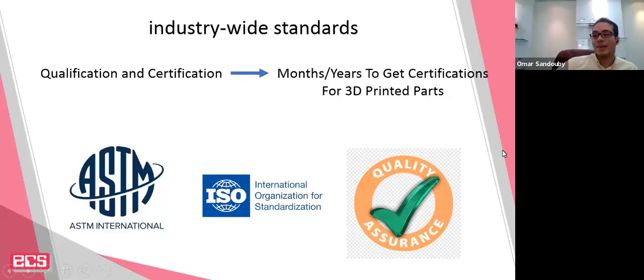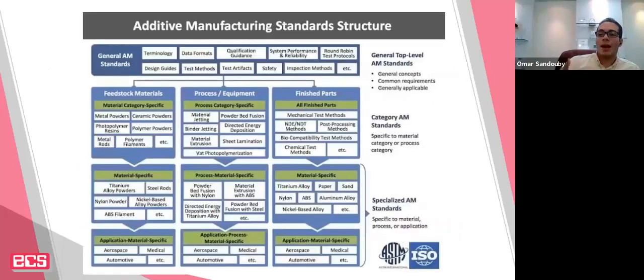For traditional manufacturing processes, we have a complete and very thorough list of those standards, written over tens of years, which makes it easier. But this is not the case for 3D printing, which is relatively newer. So to get quality assurance, you have to draft newer guidelines. We see organizations like ISO and ASTM developing newer standards for 3D printing, but the problem still remains that it takes months or even years to get your parts accredited.